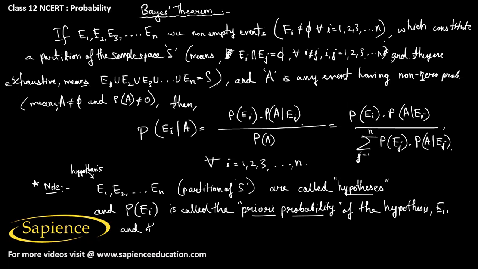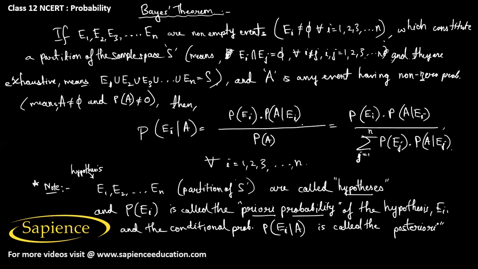And the conditional probability, which is P of Ei, given that A has happened, is called the posteriori probability of the hypothesis Ei.